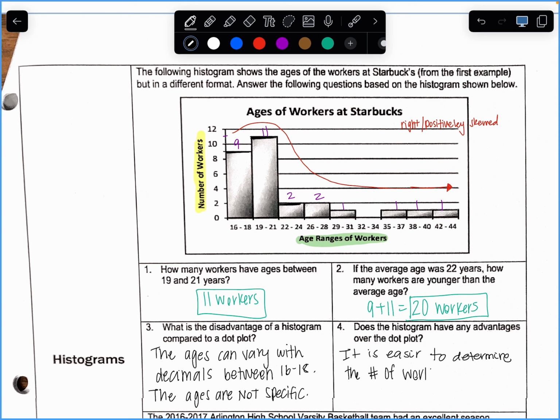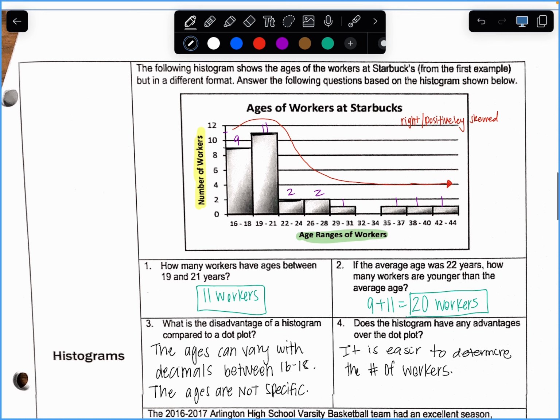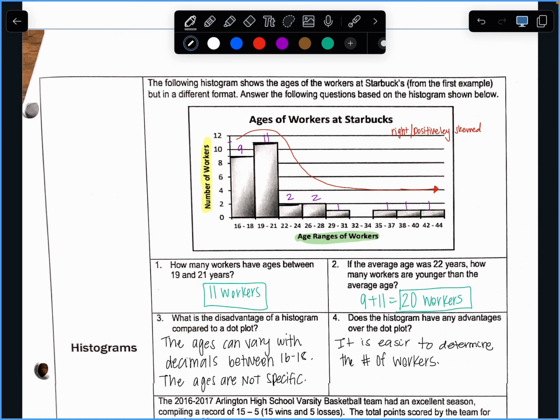Why is it easier? Well, let's say you had a dot plot with, hypothetically speaking, 100 employees at the age of 29. You would look at all the dots. Would you want to count all the dots? The numbers wouldn't even be on there. So it's better to have the numbers, if you did increments of 10, right? 10, 20, 30.